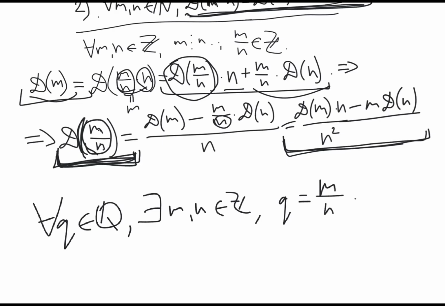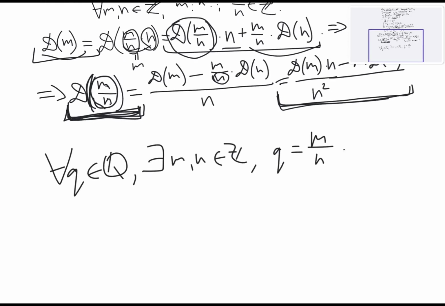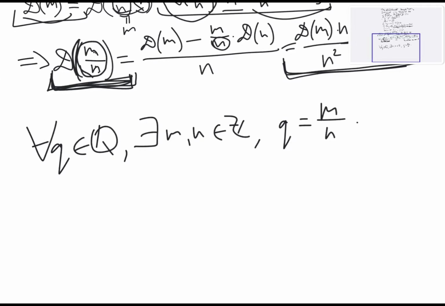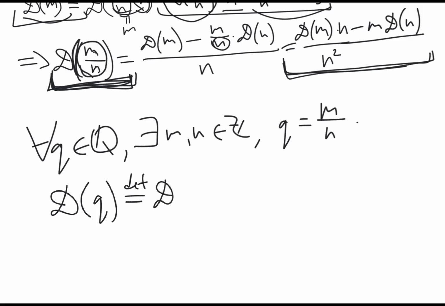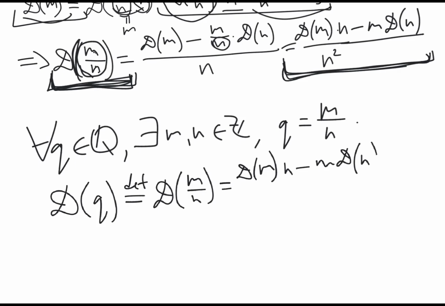This is the definition of a rational number, and we define d of q as d of m over n, which is equal to d of m multiplied by n minus m multiplied by d of n, over n squared.